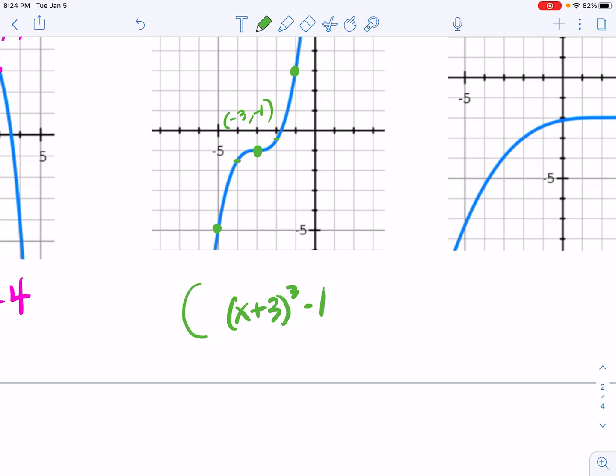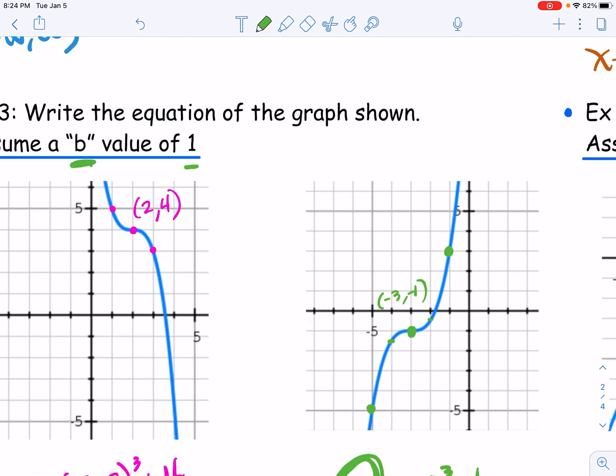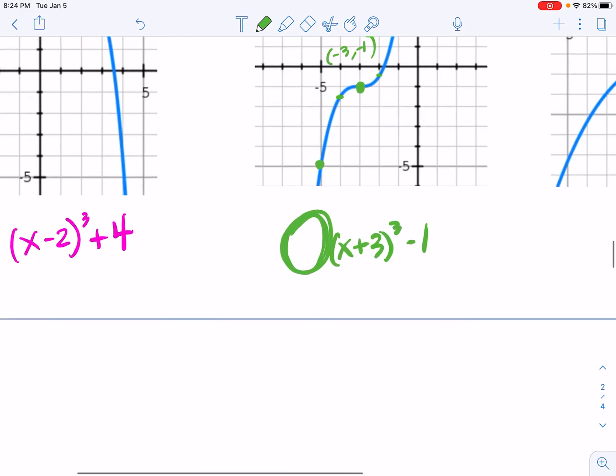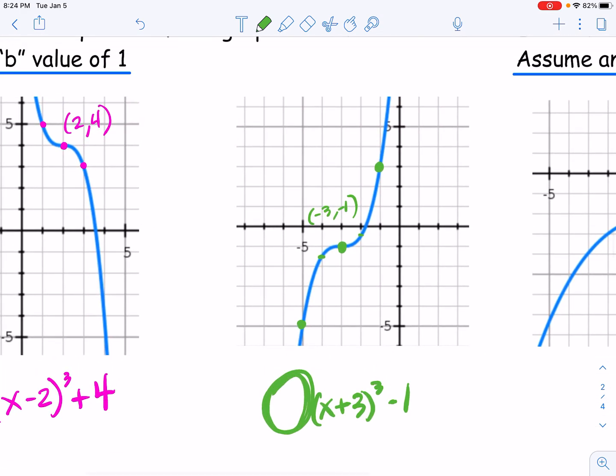What I don't know is what number goes here. Because remember, b is still 1. So there's only an a value that's applied, if at all. Well, did this graph go right 1, up 1, right 2, up 8? No. It looks like it went right 1, up a half, and then it went right 2, up 4.